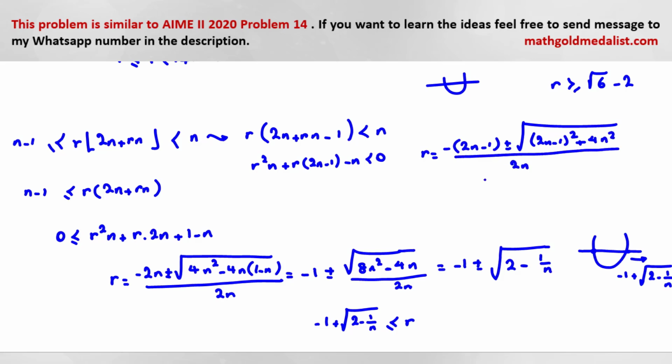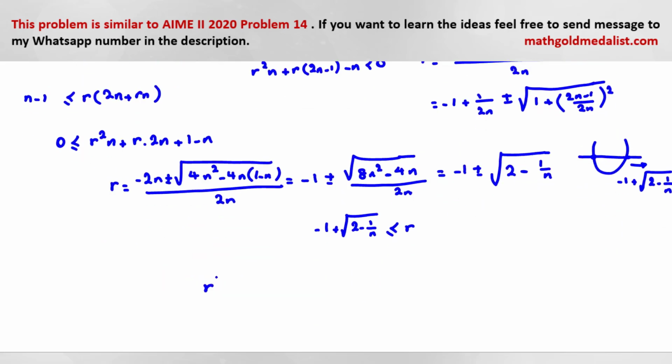Over 2n, right? So it will be negative 1 plus 1 over 2n plus or minus, right? It will be what? 4n squared over 4n squared is 1, right? And (2n minus 1) over 2n, whole squared, right?